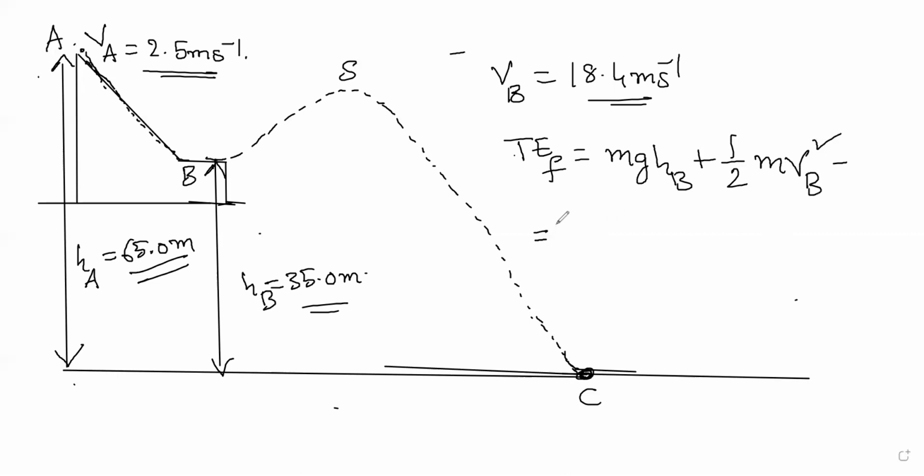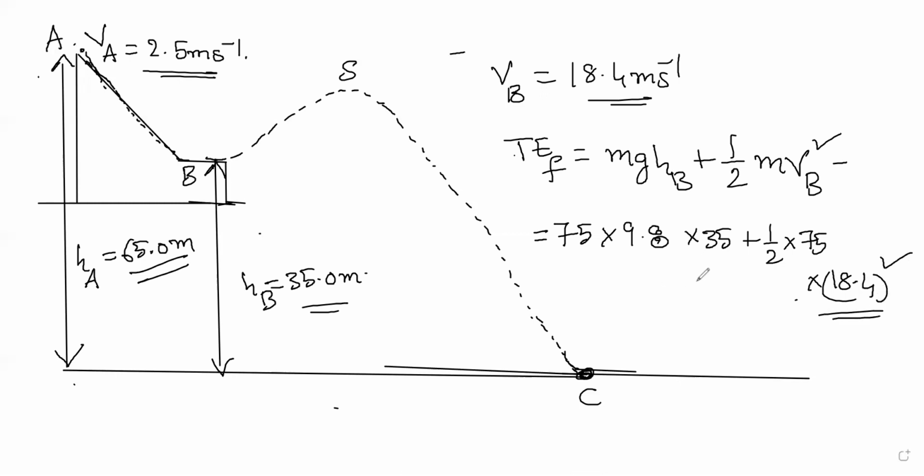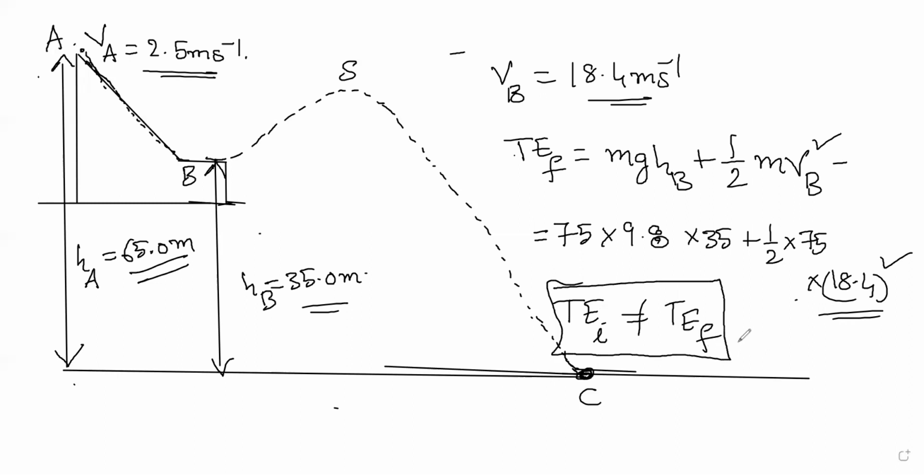That is 75 times 9.8 times 35, plus half times 75 times 18.4 whole square. When you calculate this, you will find that the initial total energy is not equal to the final total energy. If this happens, energy is not conserved. The numbers will not match: the final total energy will not match the initial total energy we calculated earlier.